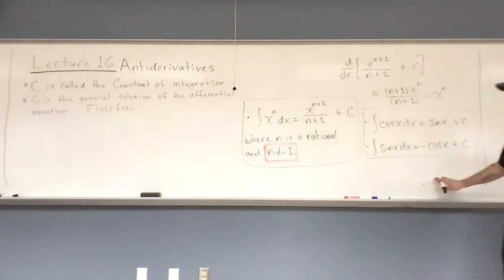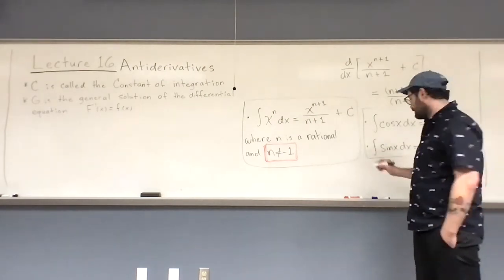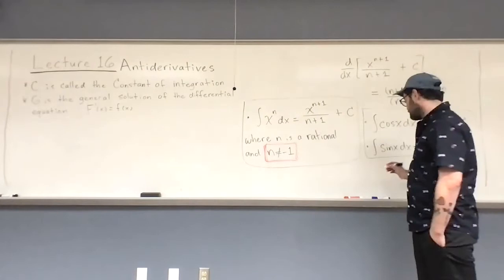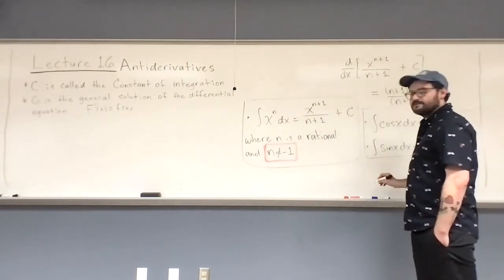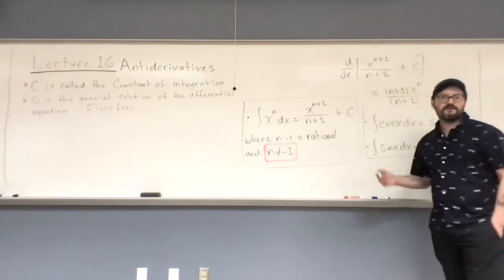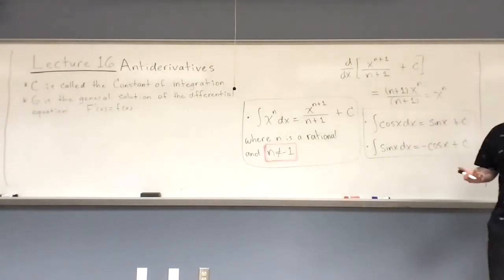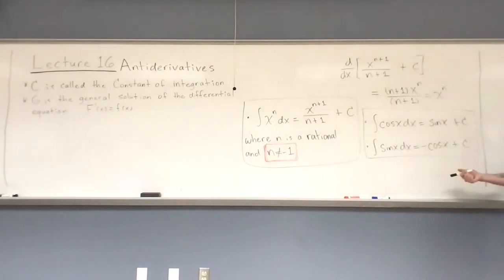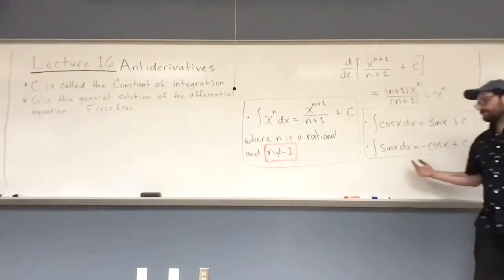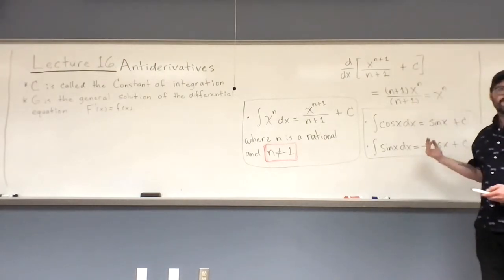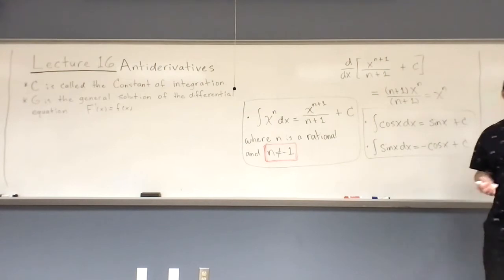In fact, I highly encourage you to print or copy down the table in the textbook in this chapter that lists all the indefinite integral formulas. There are ones for cosecant, cosecant squared, things like this.